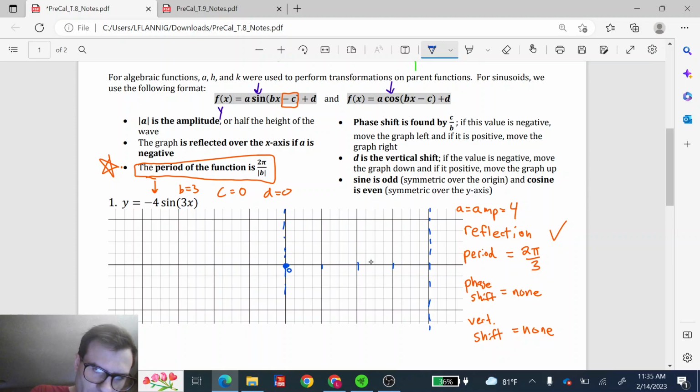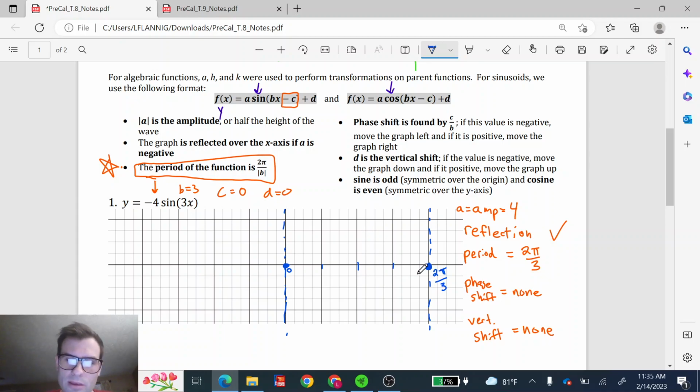So we will see this is going to be what we're graphing. This little zone is what we really care about. And we know that first point is 0, 0, and this last point is whatever the period is. In this case, the period is 2 pi over 3. And our goal is to figure out, okay, what should go in each of these 3 other positions that we don't know yet?